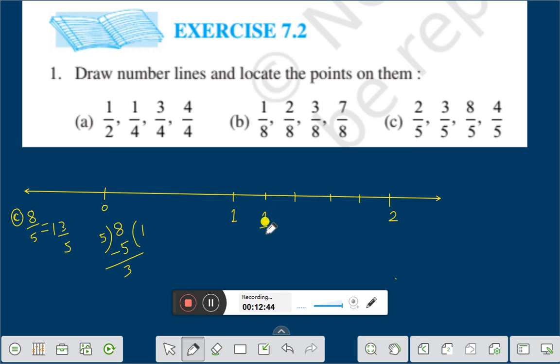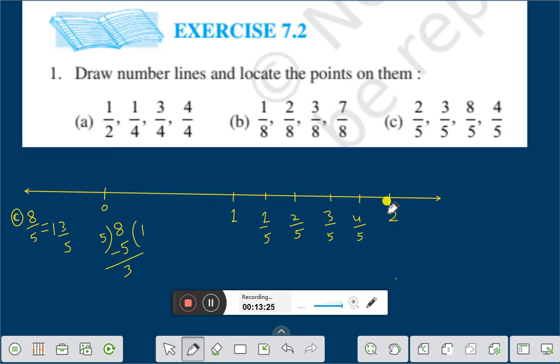This is 1 by 5. This is 2 by 5. This is 3 by 5. This is 4 by 5. And this is 2, that means 1 plus 1, that is 2, right?